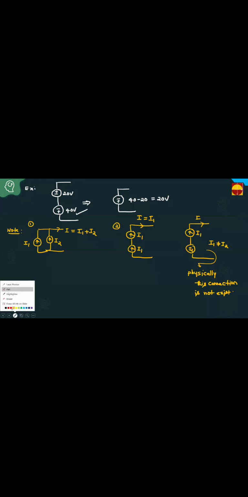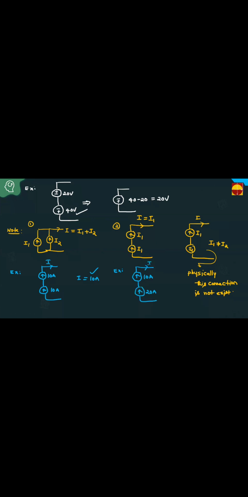See, for example, if it is given like this: this is 10 ampere, this is also 10 ampere. Can anybody tell what is I? Then I equals 10 ampere, not 20 ampere. One more example: this is 10 ampere and this is 20 amperes.